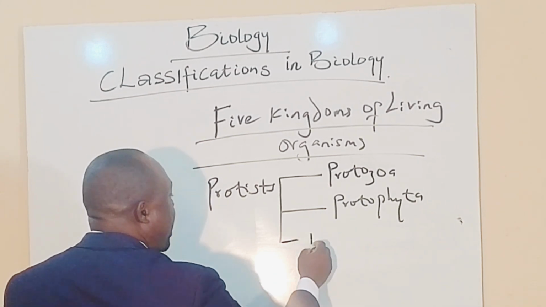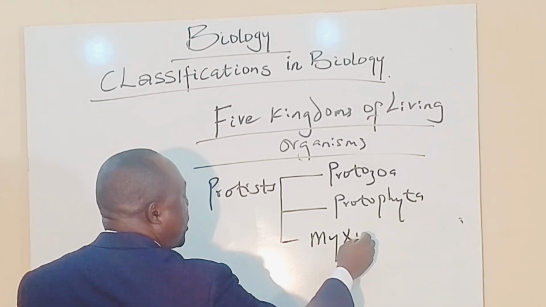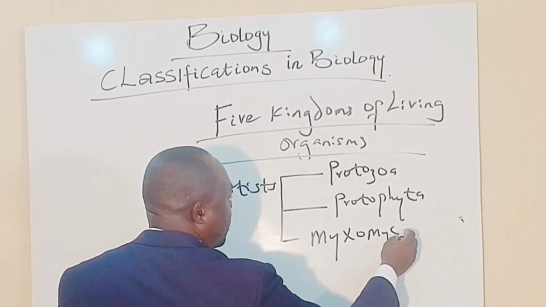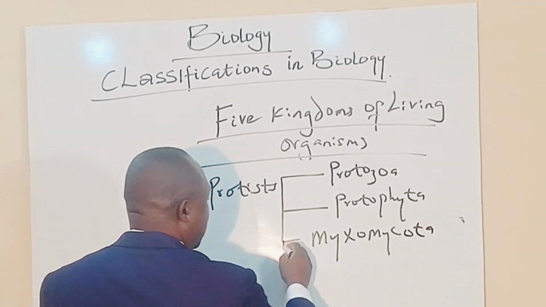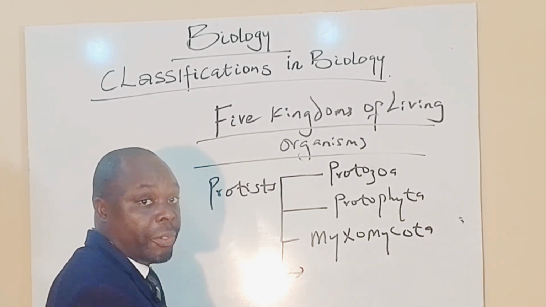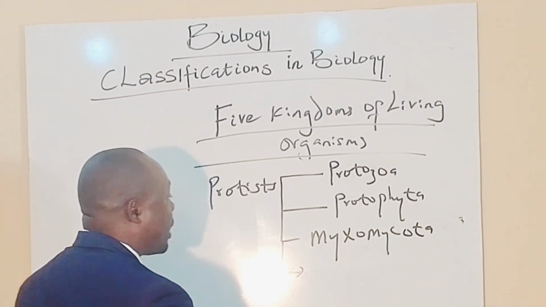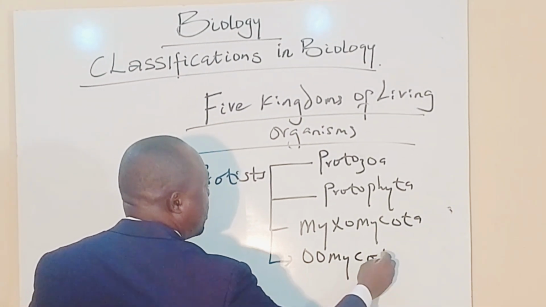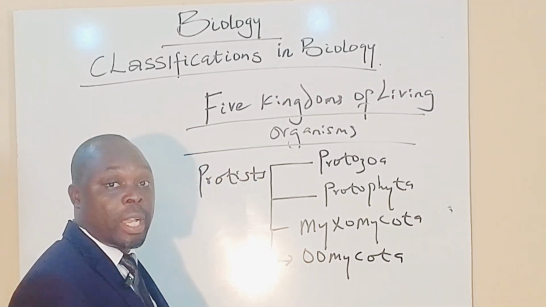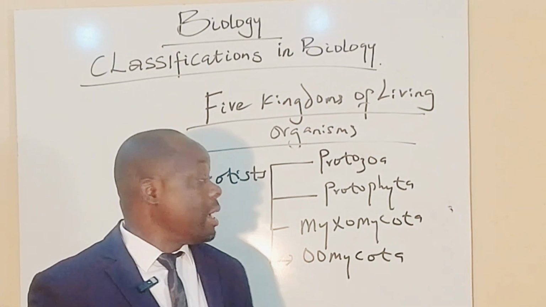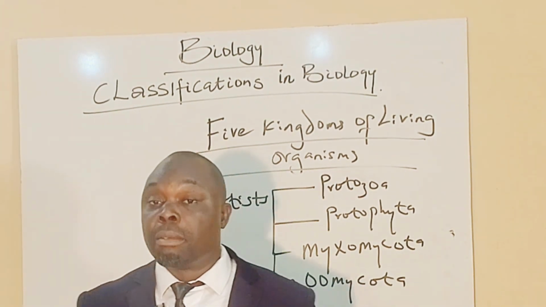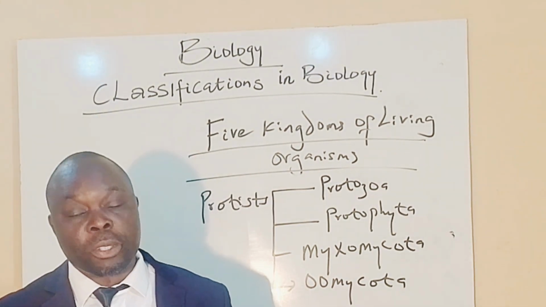3, the myxomycota, 4, the oomycota. The protozoa, the protophyta, the myxomycota, and oomycota make up the kingdom Protista.